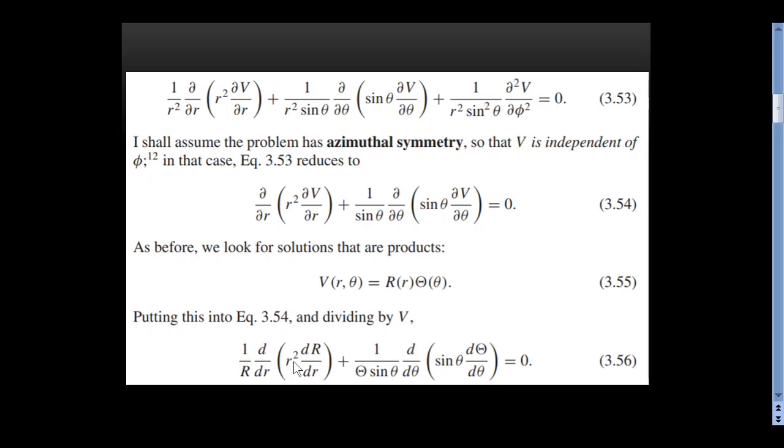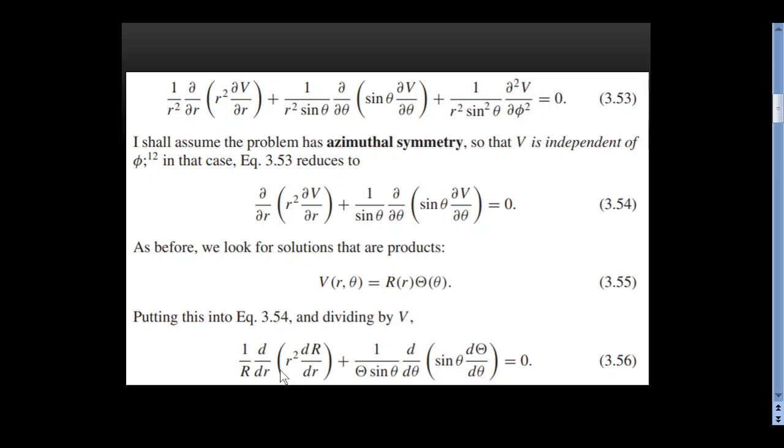So f(r) plus g(theta) is equal to 0. Again, we can apply the same strategy we have studied in the Cartesian coordinate system. This is only possible if both the functions f and g are constant.